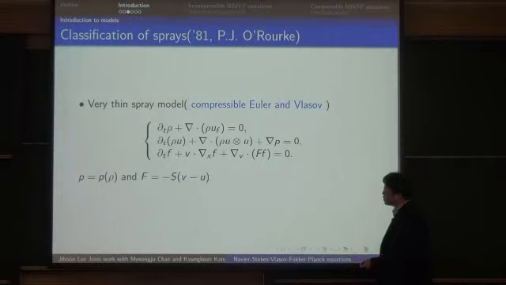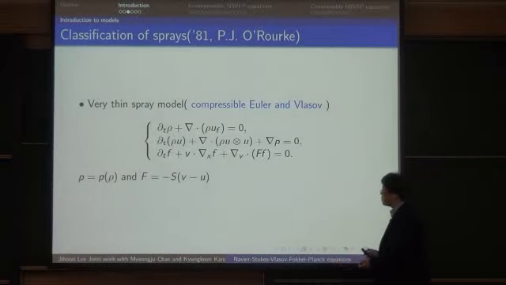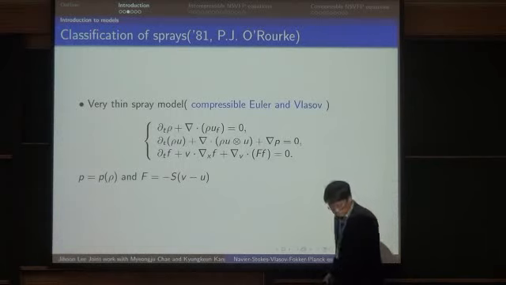V is the velocity of the particles, U is the velocity of the fluid, and F is the distribution function, actually the probability density function. Then we have this kind of Vlasov equation, and we consider compressible equations. This is the very thin case.